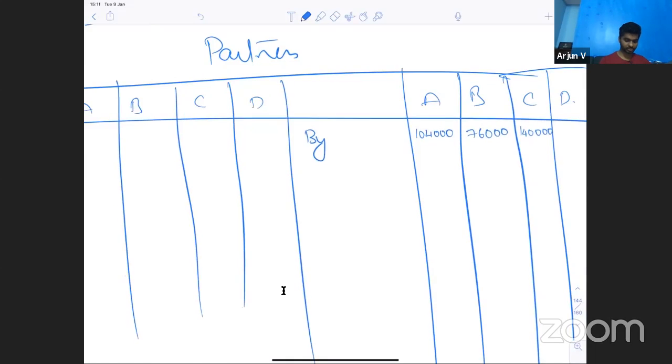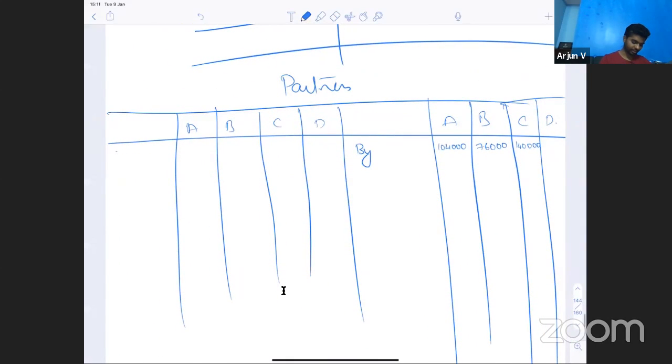There were no reserves. I only had a revaluation loss. So I'll write revaluation loss: 26,370, 17,580, 43,950. Done.